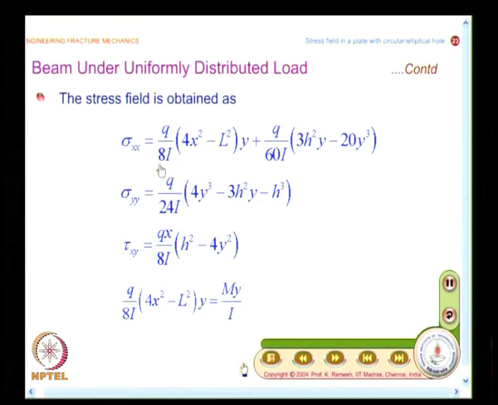So, a part of the solution is the same as what we have seen in the strength of materials approach, but there is an additional term which is actually a correction factor, given as q by 60 I into 3 h squared y minus 20 y cube.